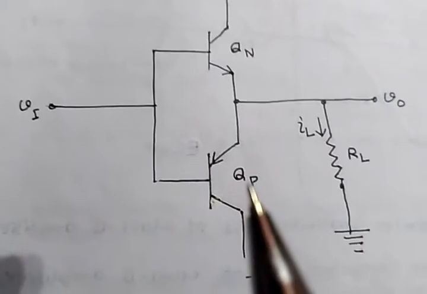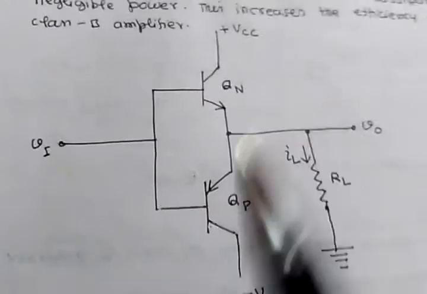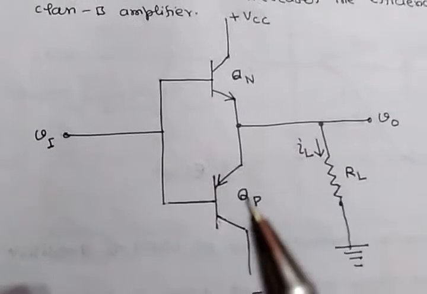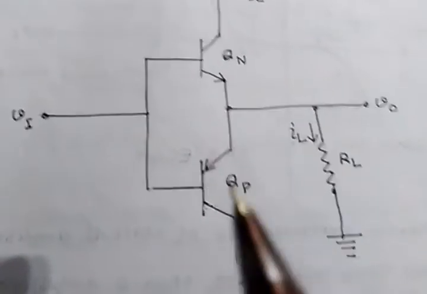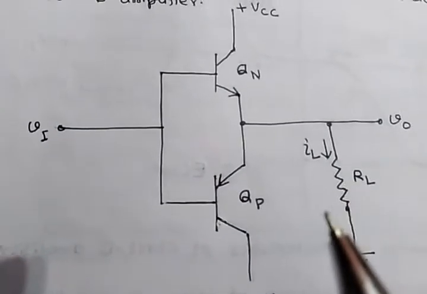So QP will also work in cutoff region. It means in the absence of the input signal, both the transistors will work in cutoff region, so no current will flow to the output. No current will flow in the load resistance RL.